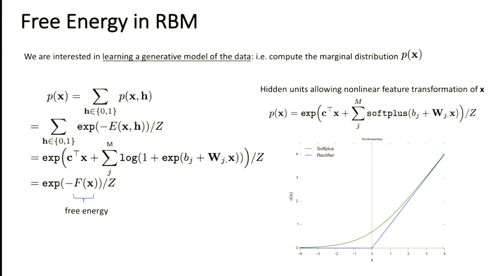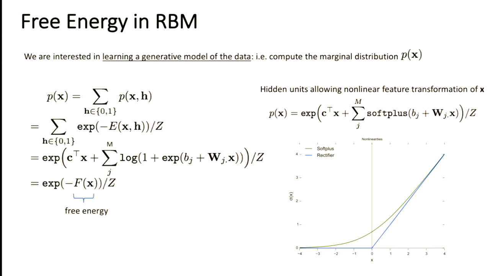This term is what is referred to as the negative free energy, so F of x is the negative of this term. This once again gives you a nice formulation that we are familiar with from before. Not only the joint distribution but also the marginal distribution can now be represented in the form of the exponential of some energy, which in this case is free energy, normalized by the same partition function.